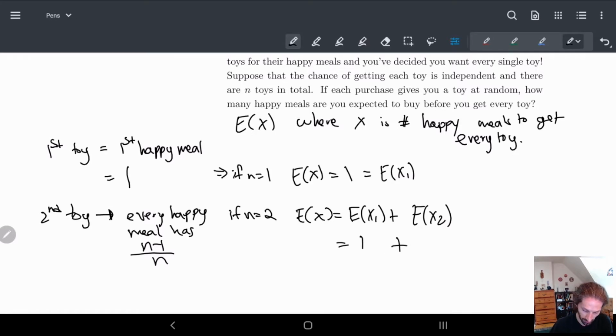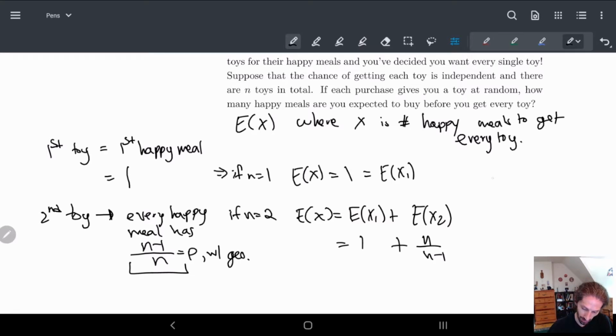And the expected value of X2, well, this is just my p with geometric series. In other words, I just do 1 over p, right? So it's n over n minus 1. So that's the chance of getting the second toy. This expected value we saw from previous things.